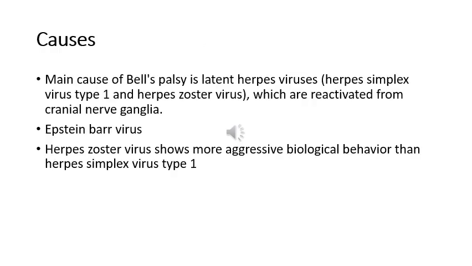And the main cause of Bell's palsy again is the latent herpes viruses, that is herpes simplex virus type 1 and herpes zoster virus, which are reactivated from the cranial nerve ganglia. Then Epstein-Barr virus, that is again of the herpes group, causing the condition called infectious mononucleosis. Herpes zoster virus has a more aggressive biological behavior than the herpes simplex virus type 1.